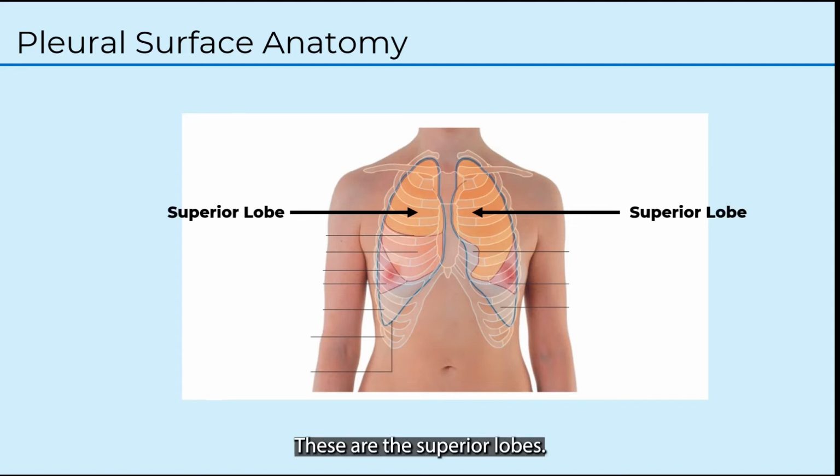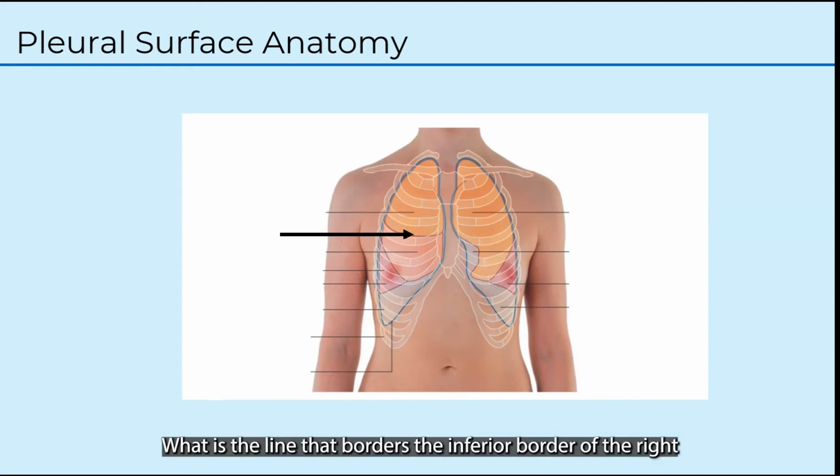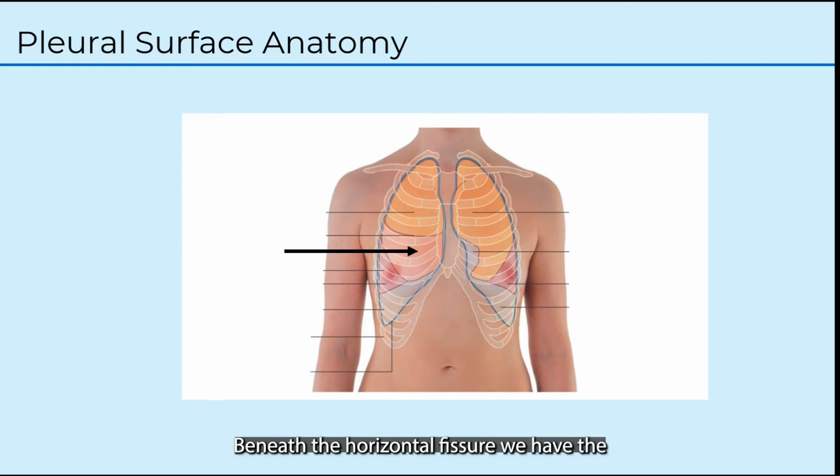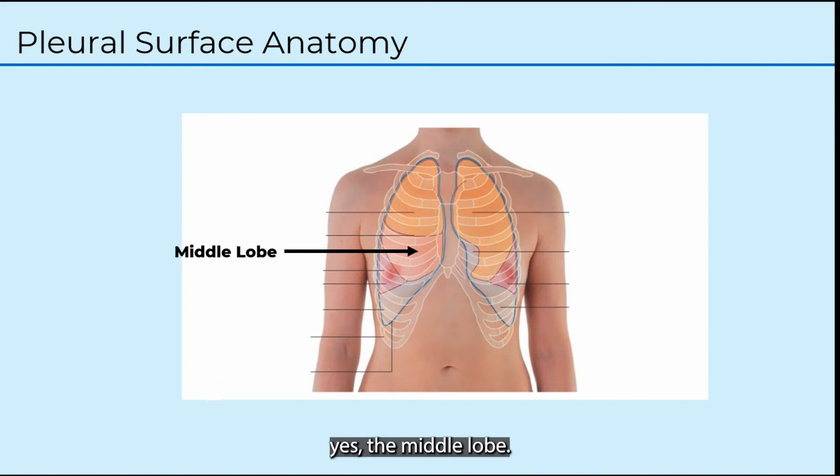These are the superior lobes. What is the line that borders the inferior border of the right superior lobe? This is the horizontal fissure. Beneath the horizontal fissure, we have the middle lobe.